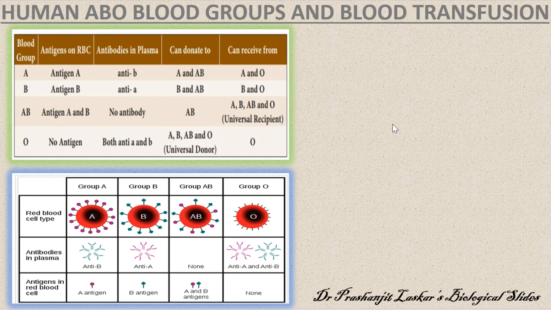In addition to A and B antigens, human RBCs also possess the Rh antigen.